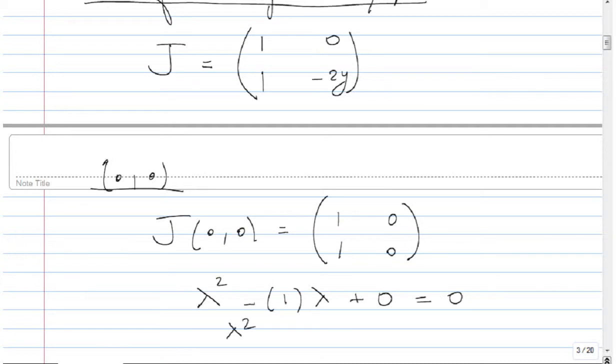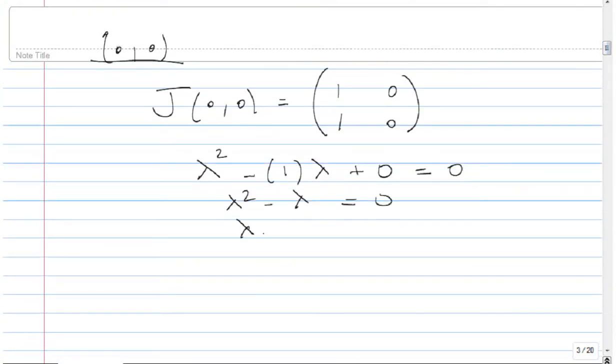So this is lambda squared minus lambda equals 0, which gives lambda equals 1 or lambda equals 0. Since 0 is an eigenvalue, we have no conclusion on this point. No conclusion means that the Jacobian technique fails. If you want to have a better discussion of what's going on at (0, 0), you may have to use other techniques like the normal form techniques.